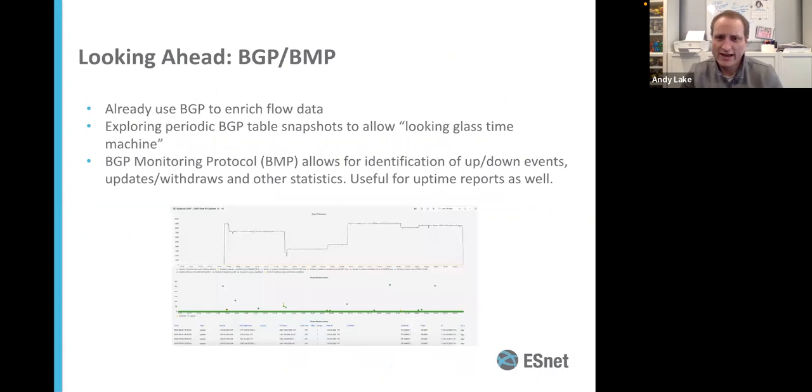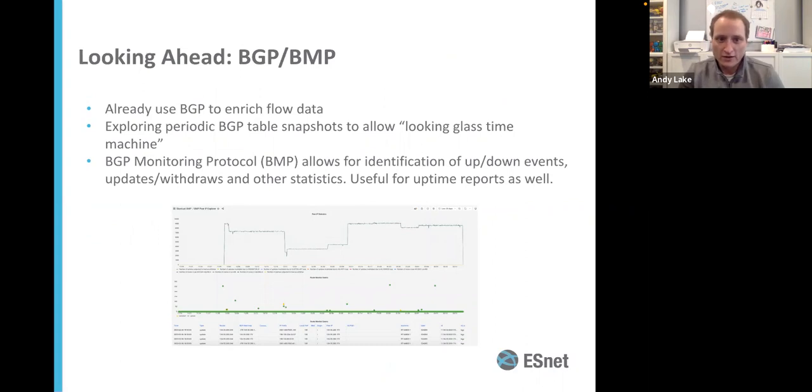Another data set we're looking at: I mentioned we collect BGP data to adorn the flow data with AS path, but we don't actually store it as a first-class citizen. That's something we're looking at doing, where we'd have periodic snapshots of the BGP table, and could do things like a looking glass over time.